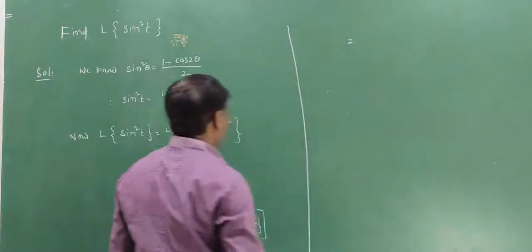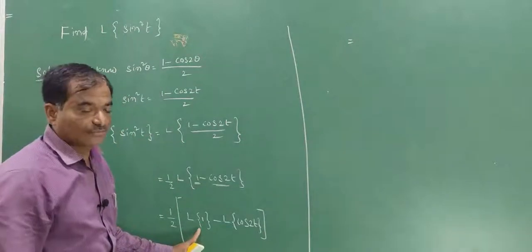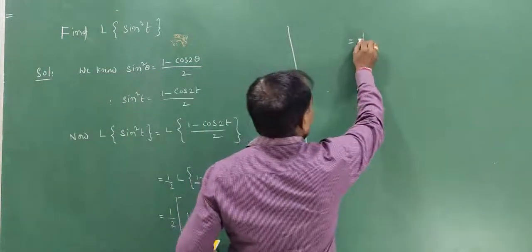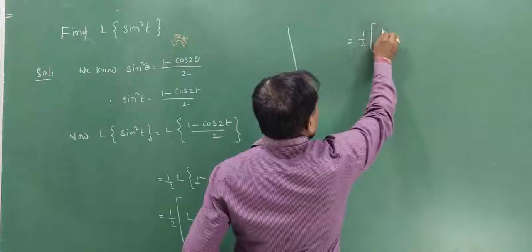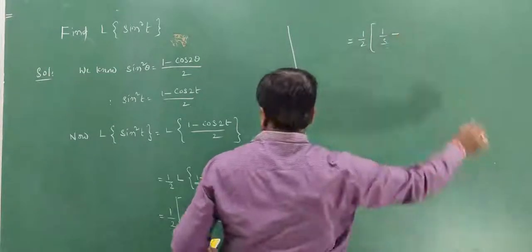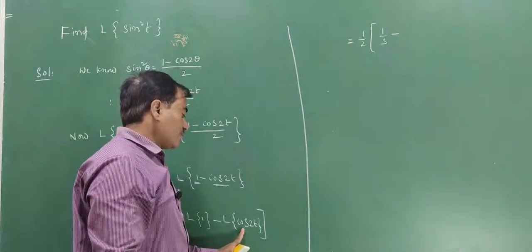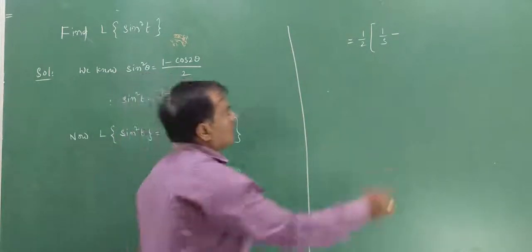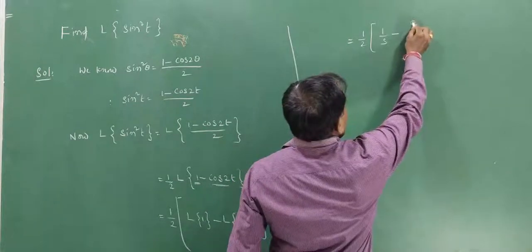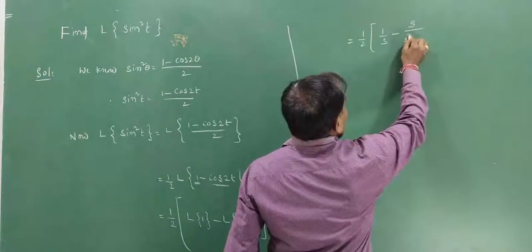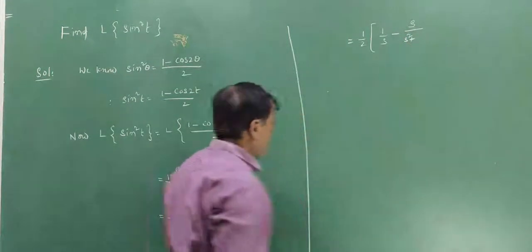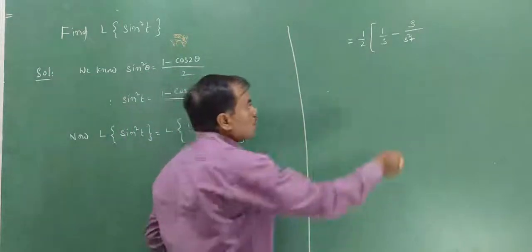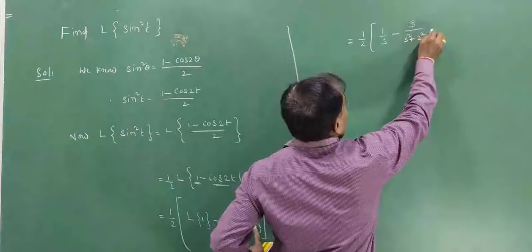This is equal to, we know that the Laplace transform of 1 equals 1 by s, minus the Laplace transform of cos at. This is in the form of the Laplace transform of cos at, which equals s by s square plus a square. What is a here? a equals 2, so a square is 4.